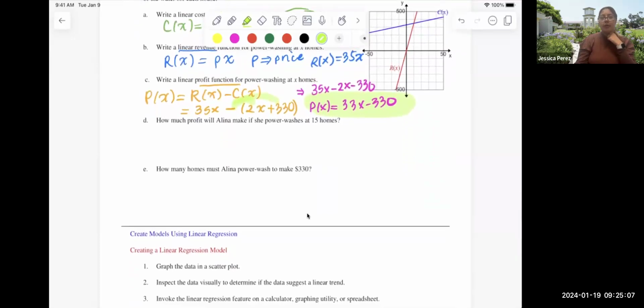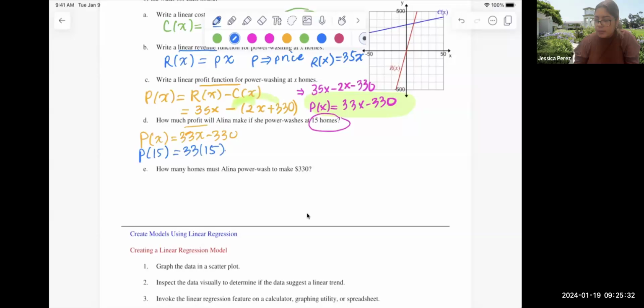How much profit will Alina make if she power washes 15 homes? Now we know the amount of homes she will be power washing, and it's going to be applied to the profit function. So P of X was 33X minus 330. Now I'm going to do the substitution of X being 15. So that's 33 times 15 minus 330.